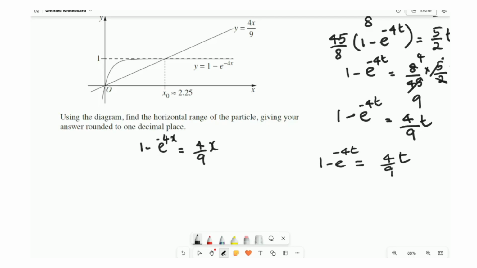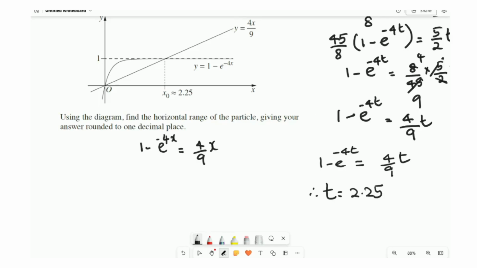So that x is the x coordinate of the intersection point. In our case, it is 1 minus e to the power minus 4t equals 4 over 9 t, which is exactly the same as this equation. Therefore the solution for t is equal to 2.25 seconds.